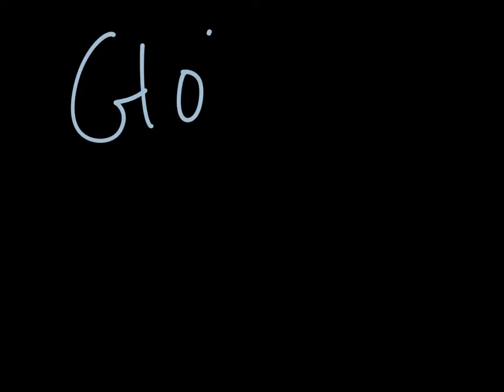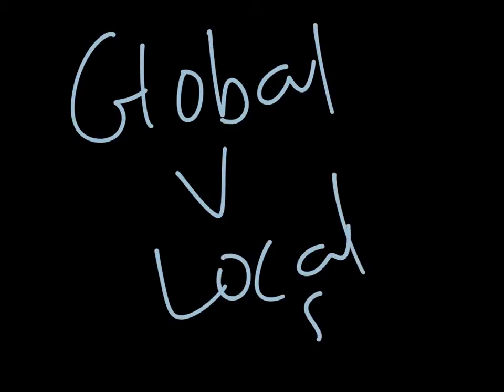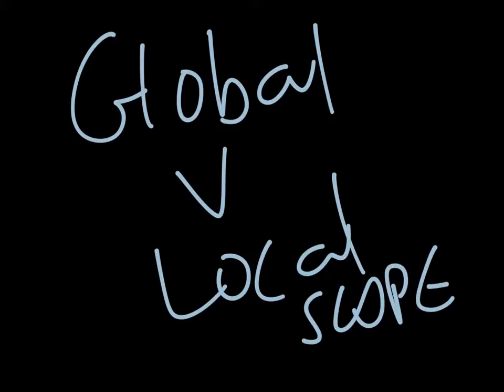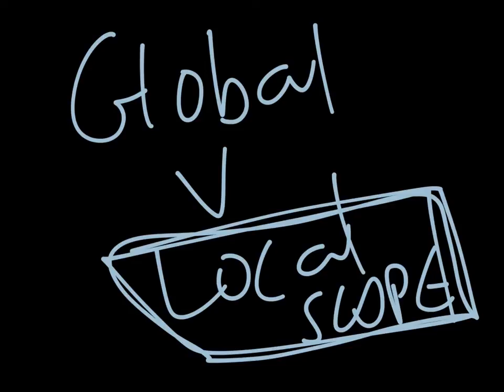Question 3 is about global versus local scope variables. So local scope variables only exist within the procedure or function that they are created in.